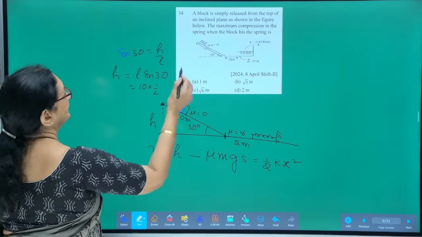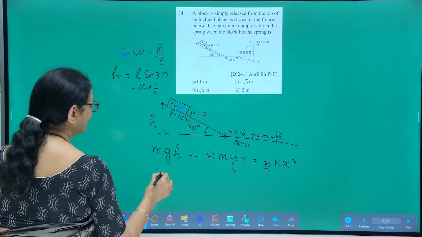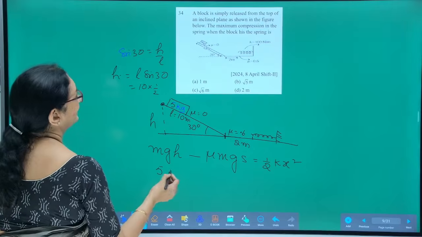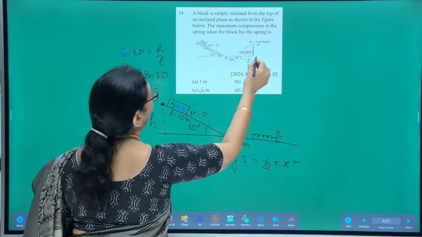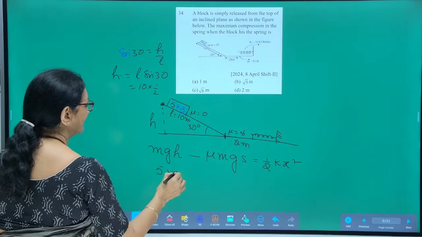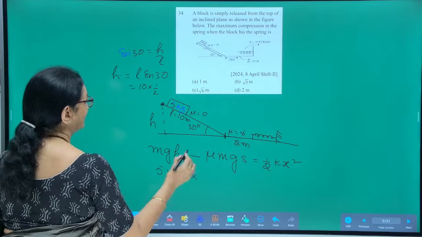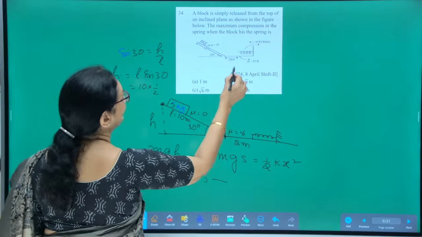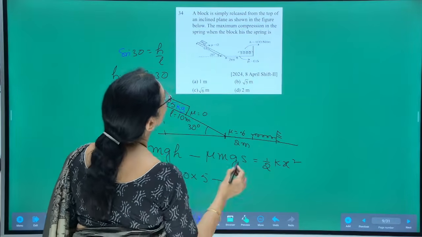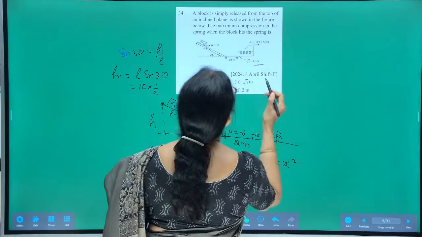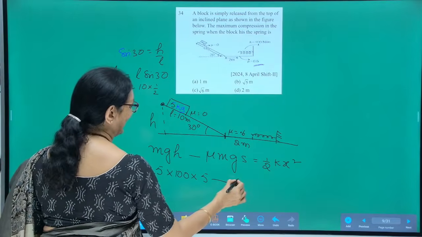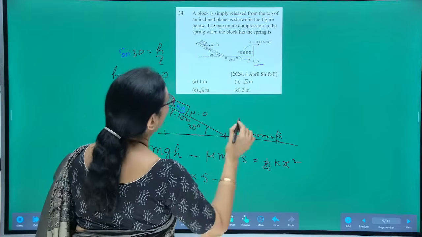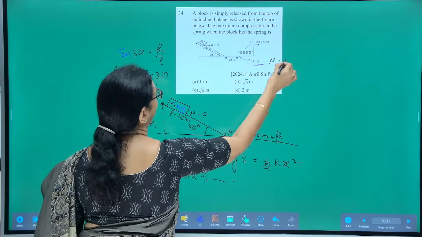So here let us substitute the values. Mass is given as 5 here, and g, let us take it as 10, and h is 5 minus mu. Mu is given as 0.6, I think. It is not clearly seen, so I think it is 0.5.